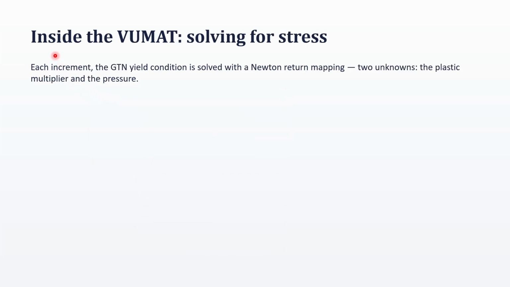So inside the VUMAT solving for stress, in each increment, the GTN yield condition is solved with a Newton return mapping. There are two unknowns, the plastic multiplier and the pressure. If you remember from the previous video, you always have a plastic multiplier to define your equivalent plastic strain. So that is one unknown that you have to find out. And also, if you see the yield function of the GTN model, you will see that there was a pressure term.